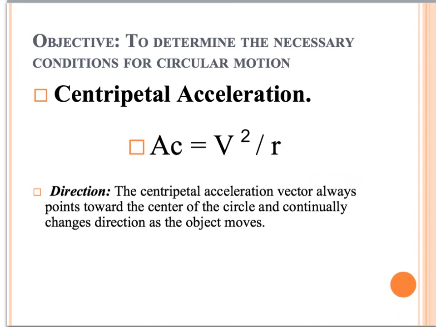It's called centripetal acceleration. Centripetal acceleration points toward the center of our circle, and it's always perpendicular to our velocity vector. And to calculate it, the centripetal acceleration is just v squared divided by r.